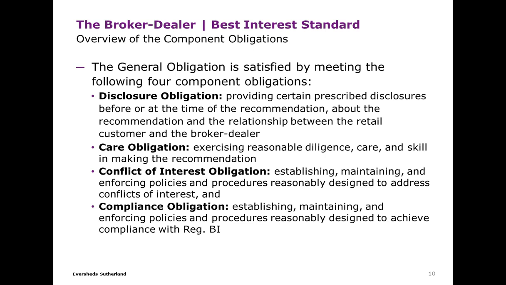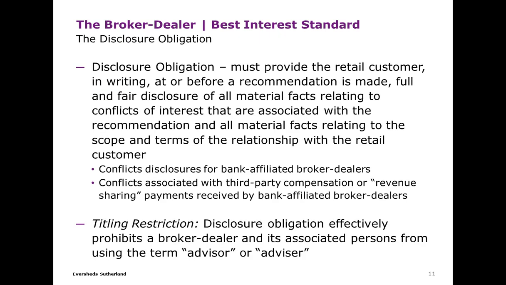The conflict of interest obligation, which requires the broker-dealer to establish, maintain, and enforce policies and procedures reasonably designed to address conflicts of interest. And the final compliance obligation, which requires the broker-dealer to establish, maintain, and enforce policies and procedures reasonably designed to comply with Regulation Best Interest.